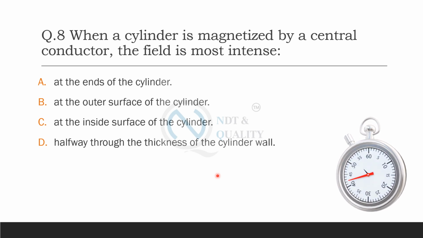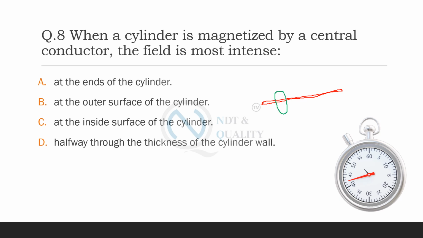So we are using a central conductor. Let me draw. This is a central conductor, and a cylinder is used. So this is a cylinder.